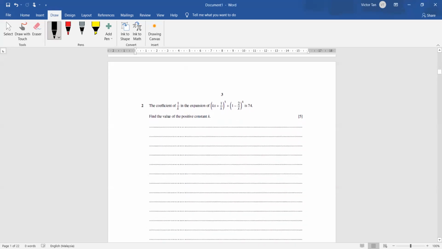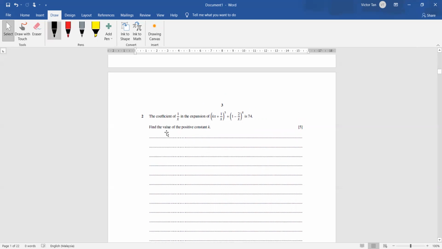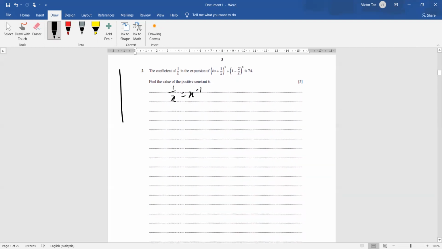The coefficient of 1 over x in the expansion of kx plus 1 over x to the power 5, plus 1 minus 2 over x to the power 8, is 74. So we are looking for the coefficient of 1 over x. 1 over x is x to the power negative 1.